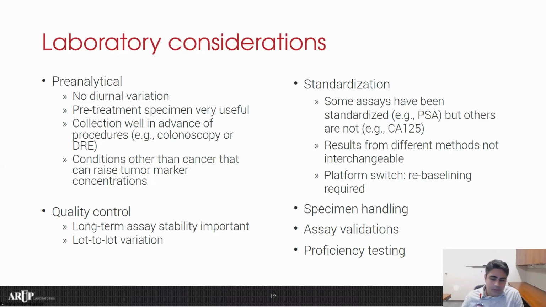And if the laboratory undergoes a platform switch, then rebaselining with the new assay compared to the old assay is required. And some of the other considerations are with respect to specimen handling, assay validation, and proficiency testing. Just like any other laboratory test, those need to be considered, and manufacturer recommendations should be followed.